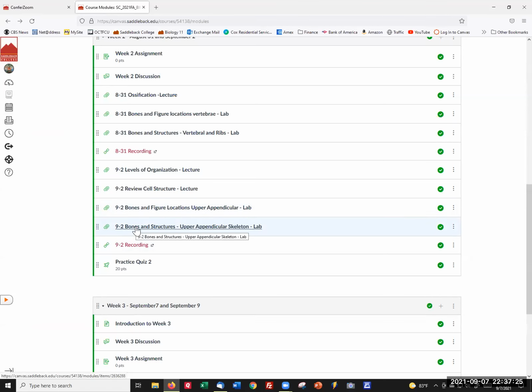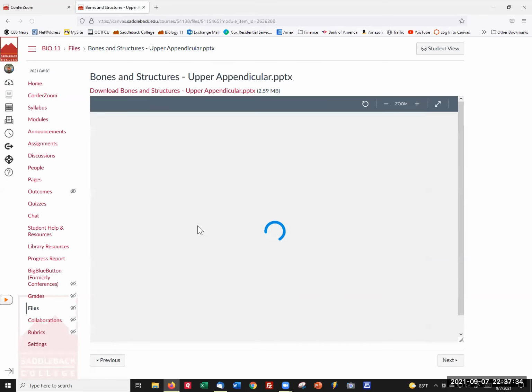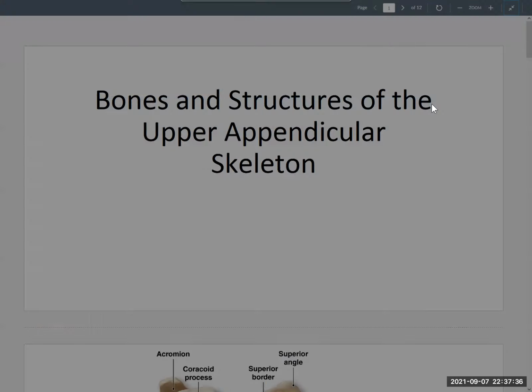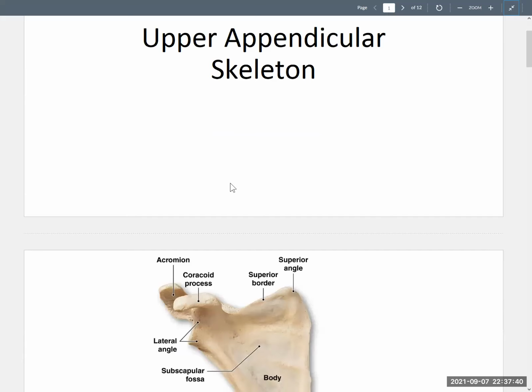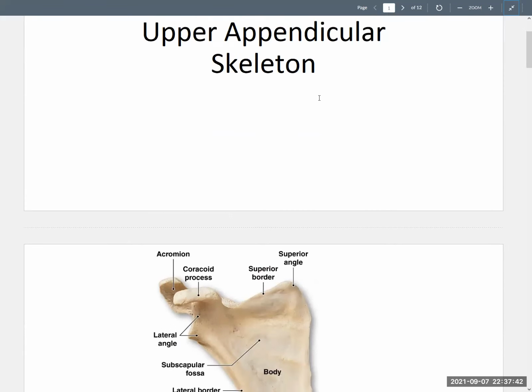Okay, then the next one for lab almost looks the same length, but if you read it closely, it's not. Okay, upper appendicular. No, I don't want that.